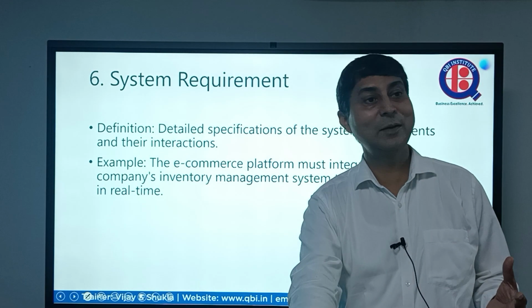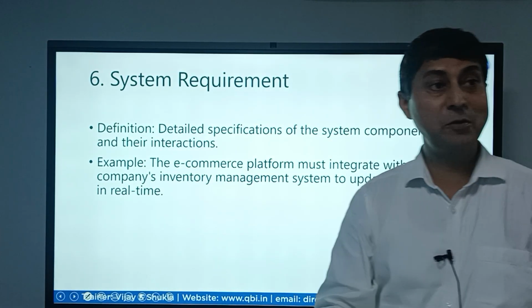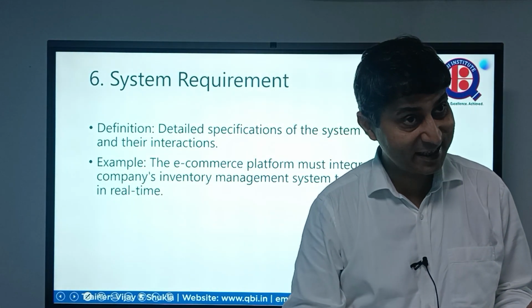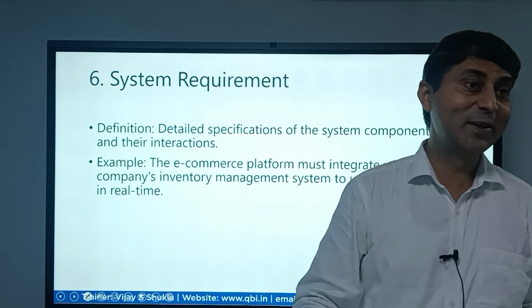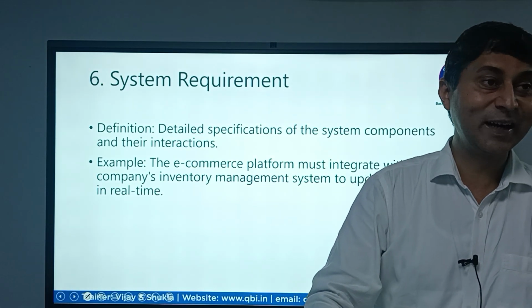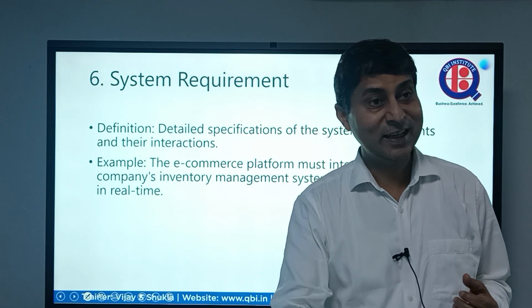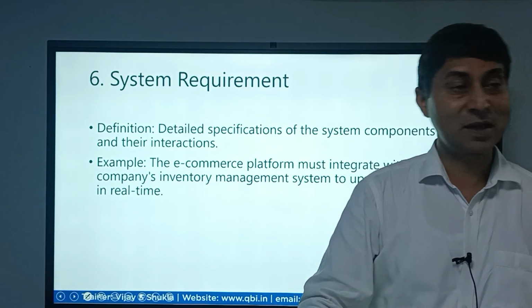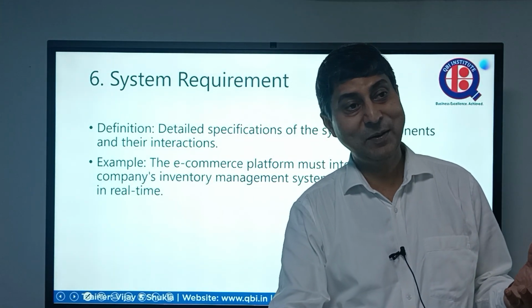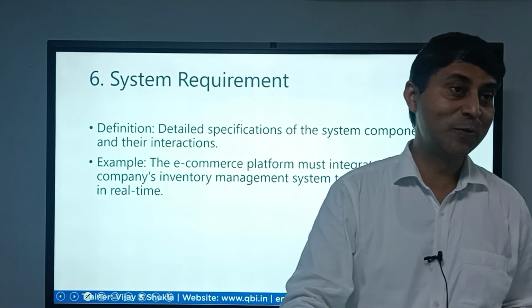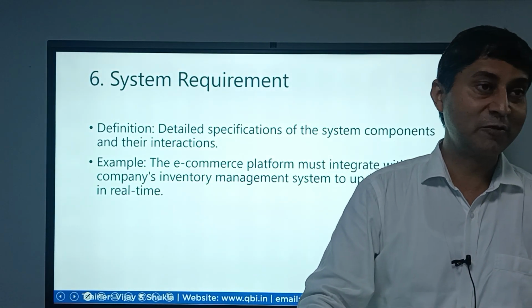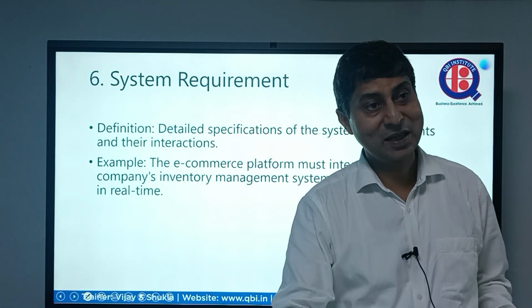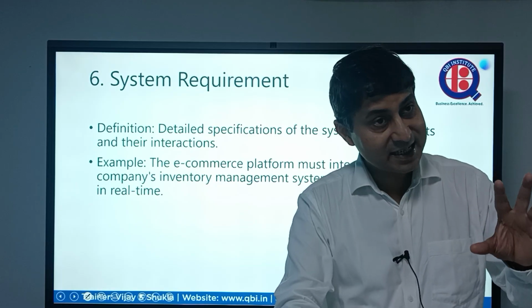Now this Oracle database or MS SQL Server database will also have its own specifications. Whether it is running on Oracle 19i or Oracle 18g, or whether you require a backup server or not. For some cases, you may not need a backup server. For some other cases, you may need not only a backup server, but even a disaster recovery site. So all these are system requirements.